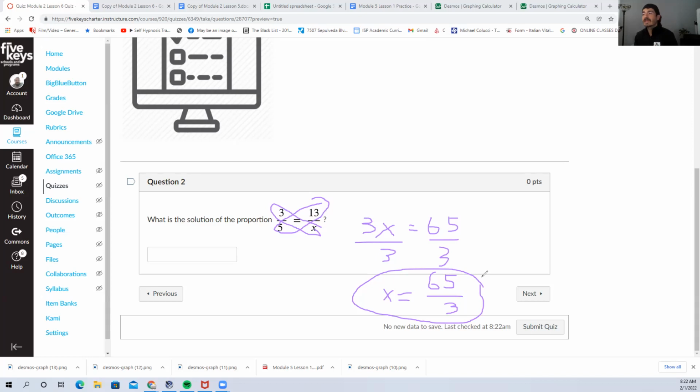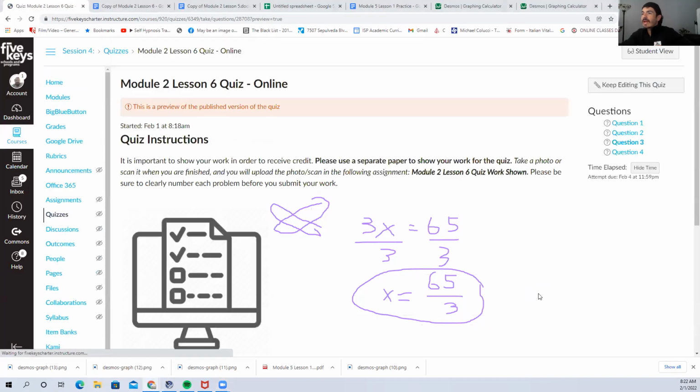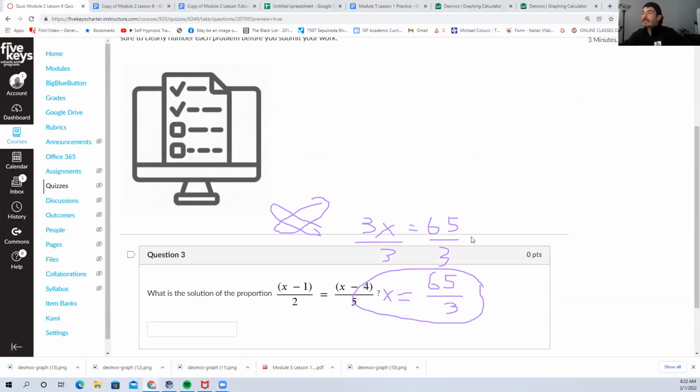If I plug 21.66666 into a calculator, there is an approximation at the end of it. And if we're working with something that has a big order of magnitude, what you feel like is a small approximation can be quite large by the end of the calculation. So as you continue in mathematics and in science, we try to keep things exact for as long as we can.